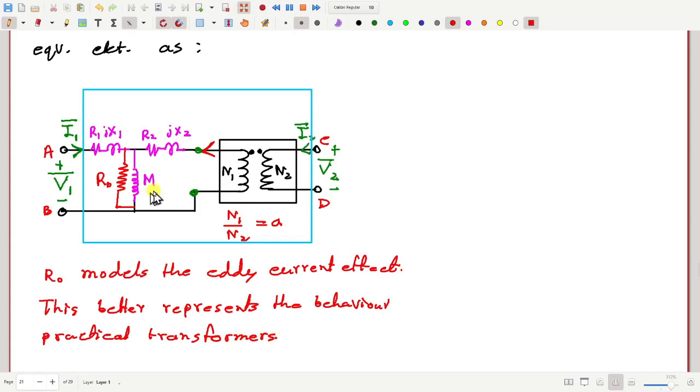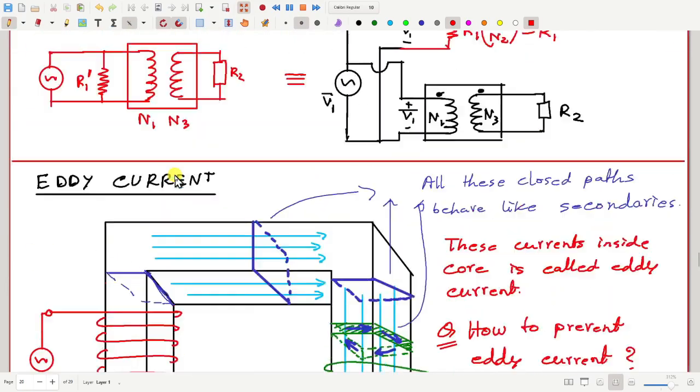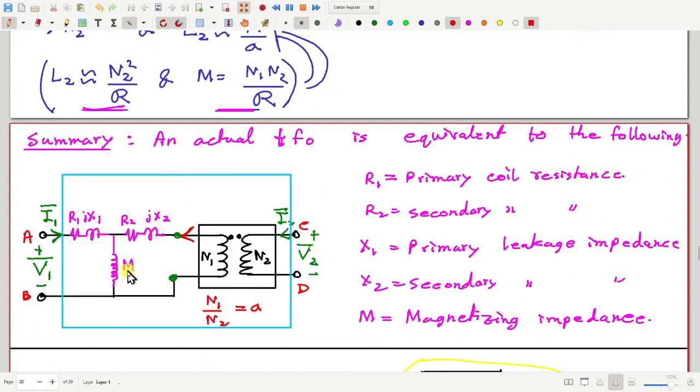Maybe I should call this also X. Let me call it XM, because I'm calling this X, so to be symmetric, let me call it jXM. Maybe here also I should call it jXM. So this is XM.